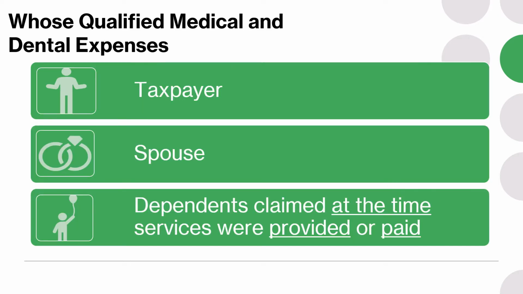And we need to talk about whose qualified medical and dental expenses these could be. So these expenses would be paid by the taxpayer or by the spouse if they're married filing joint, and they could be paid for the taxpayer, for the benefit of the spouse, for the benefit of any dependents that are claimed at the time that the services were provided or at the time that they were paid.